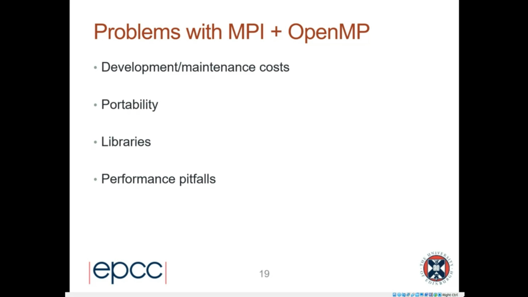Archer had 2 physical CPUs per node and only 1 network connection. So actually, one of the CPUs had privileged access to the network. The other one was a bit off to the side. On ARCHER2, we have 2 64-core CPUs per node and 2 network interfaces. So it's more balanced in that sense.